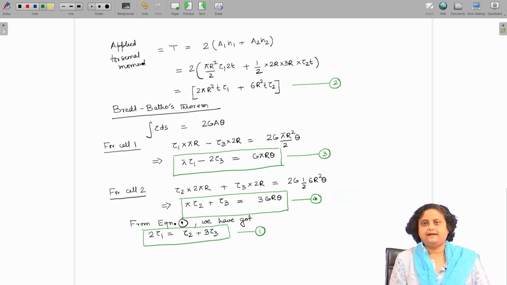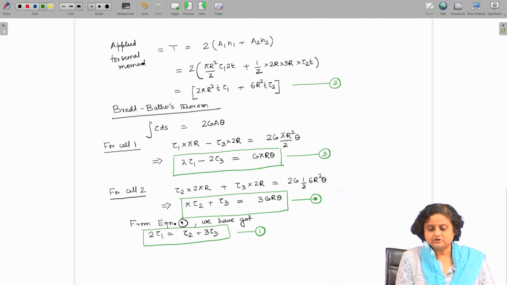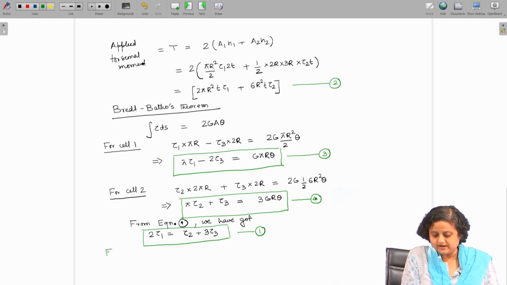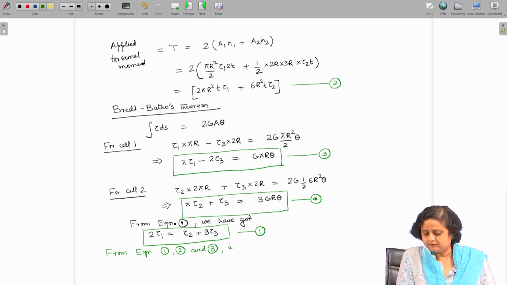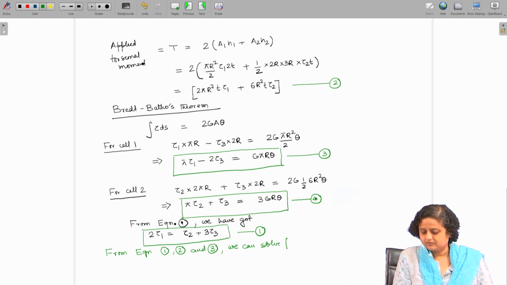Now, from equations 1, 3 and 4, we can solve for tau 1, tau 2 and tau 3 in terms of theta.